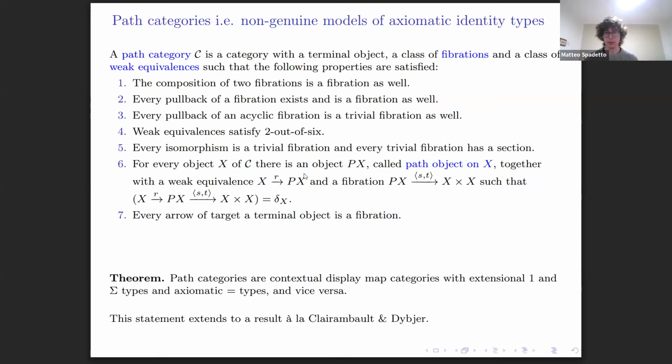Thank you for this question, Josh. What I meant is that path categories, in principle, are models of axiomatic identity types, but as in this definition, they do not even have a choice of substitutions. So far, you cannot even talk about substitutions.